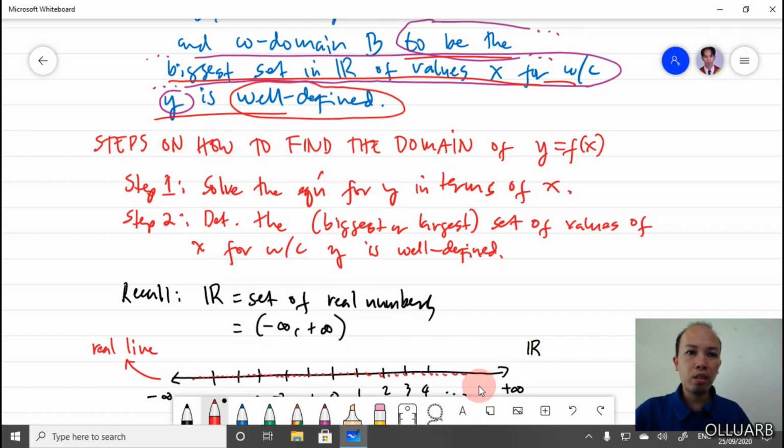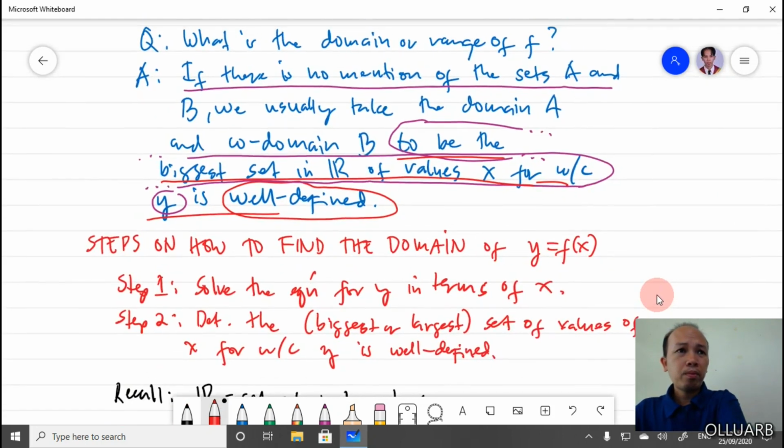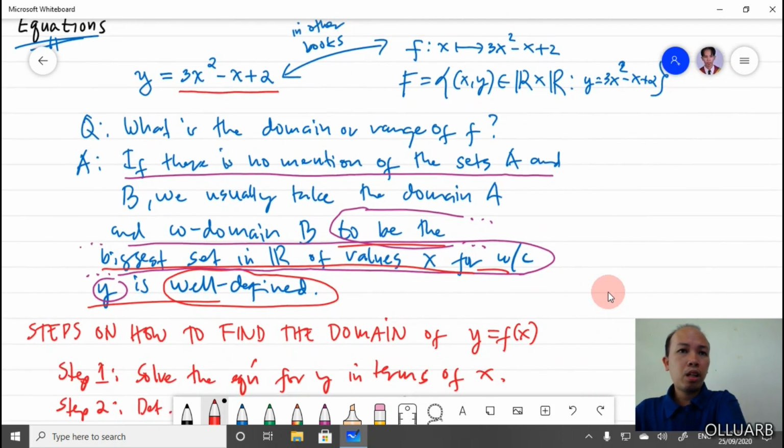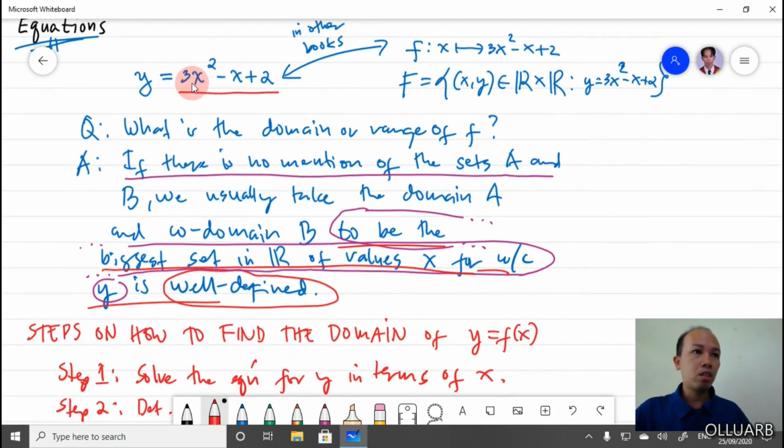For example, we have 100: 3 times 100 squared minus 100 plus 2, or you put a 0, or the square root, cube root, and so on. So if you put a real number here, then this is always well defined.